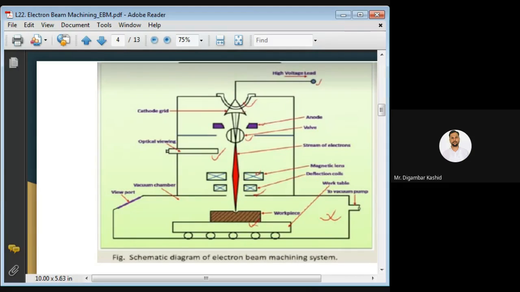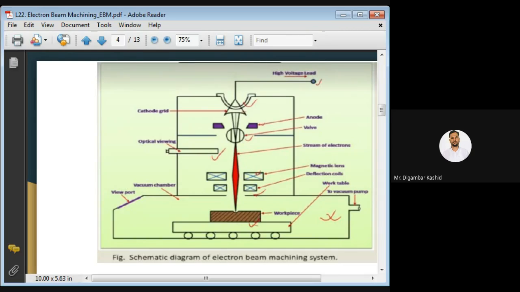So it will expel it because of the very high pressure of the backing material. It expels whatever molten metal is there at the hole, so it also expels that molten material.